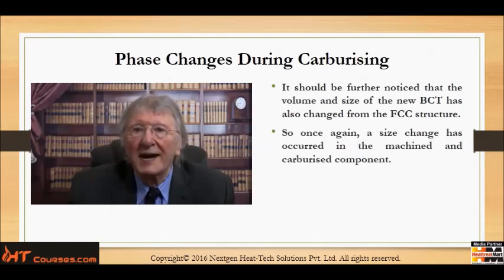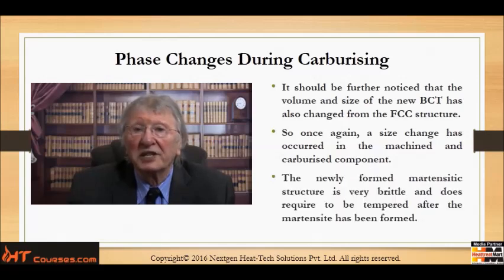So once again, please note, a size change has occurred in the machined and carburized component. The newly formed martensitic case is very brittle and does require to be tempered after the martensite has been formed. Otherwise, crack initiation can occur at the surface.